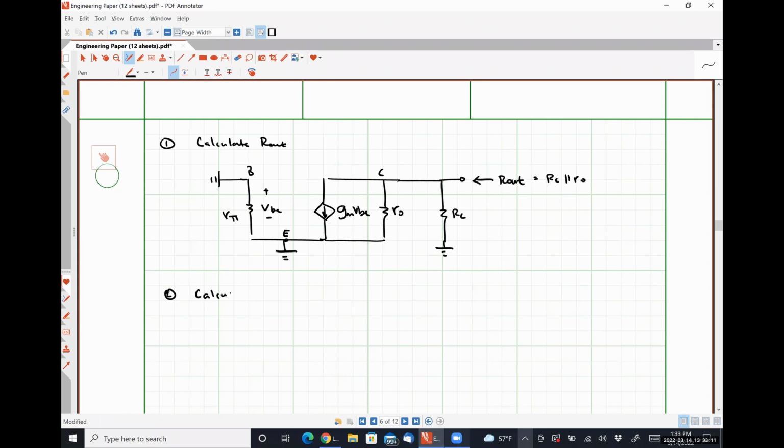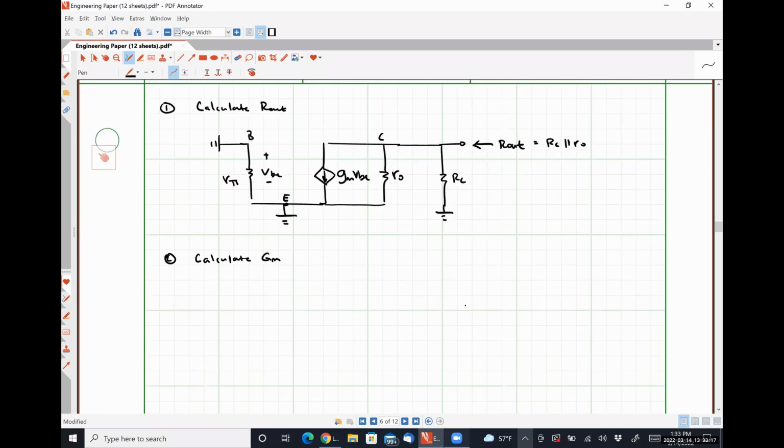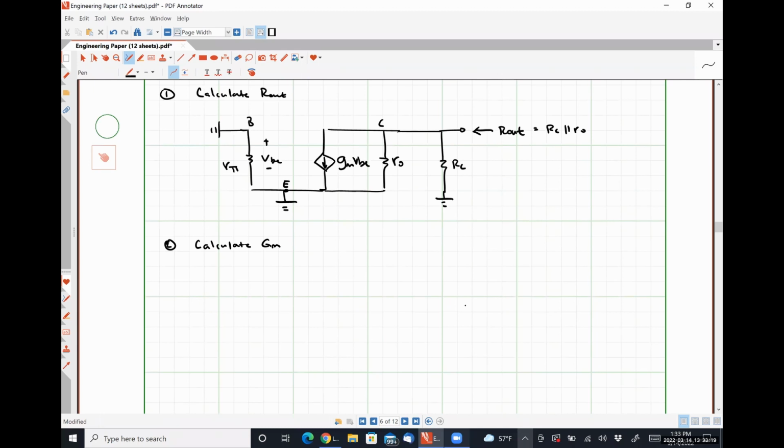is to calculate our short circuit transconductance. So to be clear here, we are going to short circuit our output terminals and then find the current that's leaving that output terminal. Our circuit that we are analyzing is this guy.